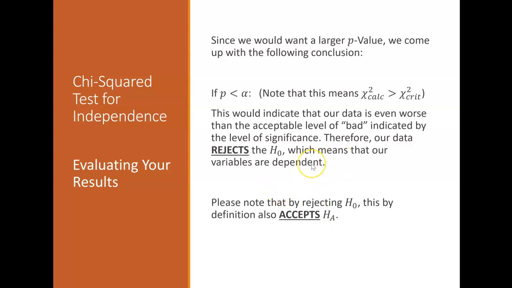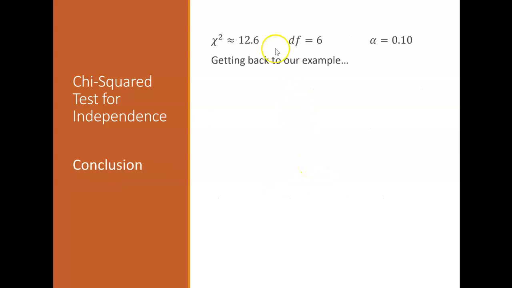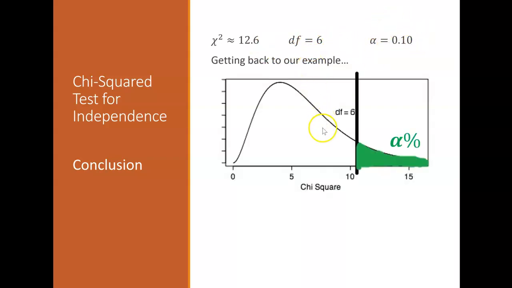So if we go back to our problem, we had 12.6 as our chi-squared calculated, 6 degrees of freedom, 10% level of significance. That's what it would have looked like if we did the draw on the calculator. That's our chi-squared calculated. This was our chi-squared critical. The green is alpha, the red is the p. What do we notice here?